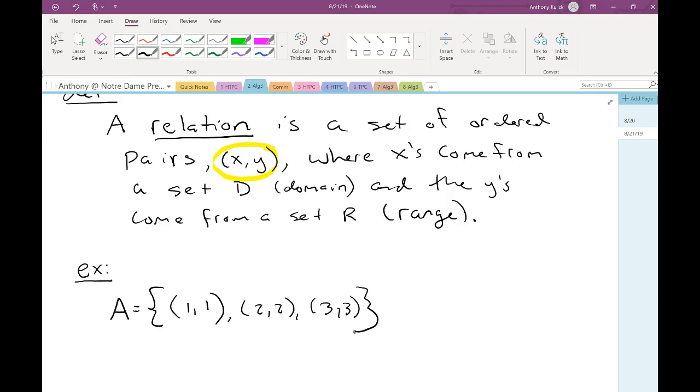So, if I talk about the set D, what 3 numbers were in the set D? 1, 2, and 3. The x coordinates. And if I talk about the set R, what 3 numbers were in the set R? 1, 2, and 3. In this case, the sets D and R were the same set.